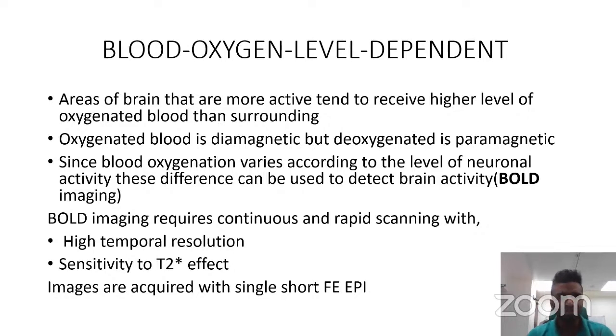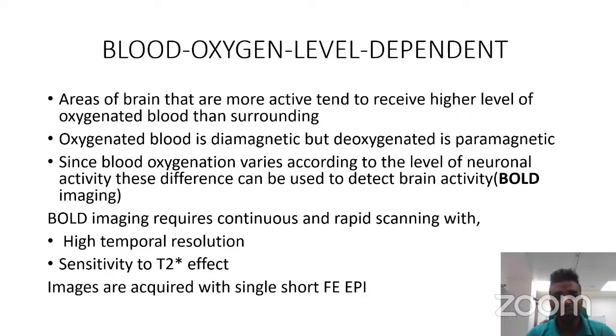The surrounding region, not engaged in any activity, is paramagnetic, so it dephases and gives no signal. Since blood oxygen varies according to the level of neuronal activity, these differences can be used to detect brain activity. That's basically BOLD imaging.